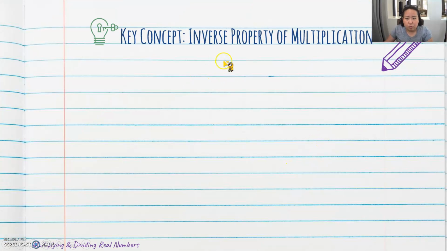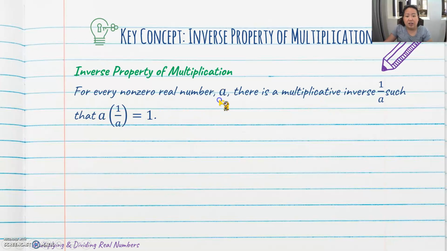We also have what we call the inverse property of multiplication. When we did addition, we had the additive inverse. If you add a number and its additive inverse, the answer will be zero. In the case of multiplication, a number A will always have a multiplicative inverse such that if we multiply the number and its multiplicative inverse, the product will be 1.